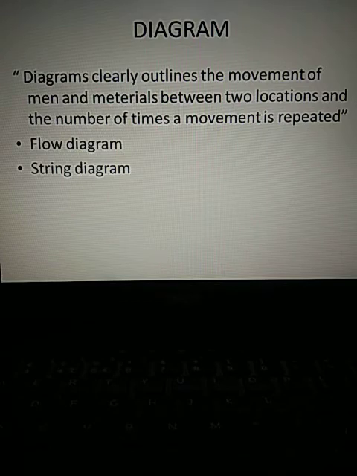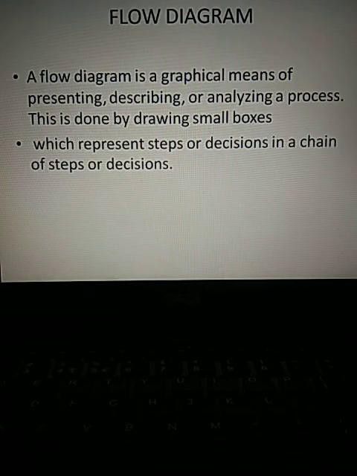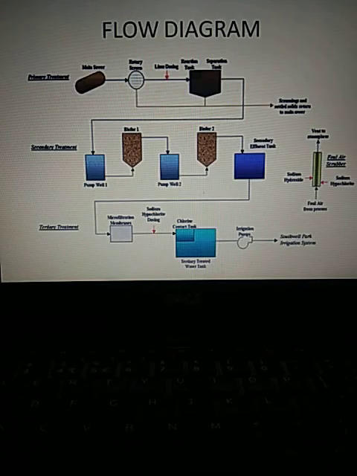Now, a flow diagram is a graphical means of presenting, describing or analyzing a process. This is done by drawing small boxes. Let us see a picture. Here three areas are there if you see carefully: primary treatment, secondary treatment and tertiary treatment.